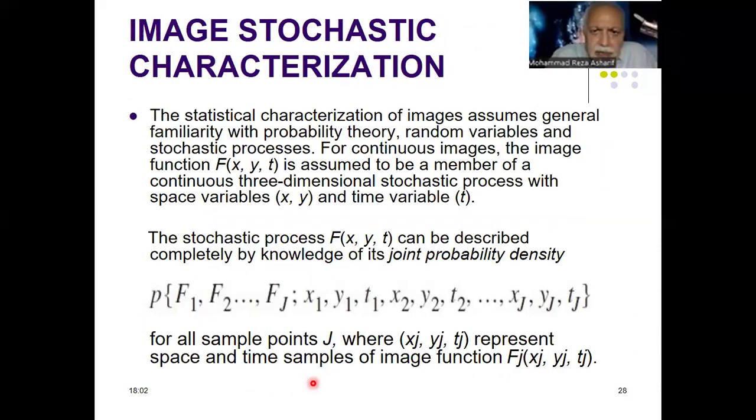So in the next lecture, we will talk about the statistical and stochastic characteristics of the image, assuming a general family of probability theory, random variables, and stochastic processes. For a continuous image, the image function f of x, y is assumed to be a member of a continuous three-dimensional function f of x, y, and t.